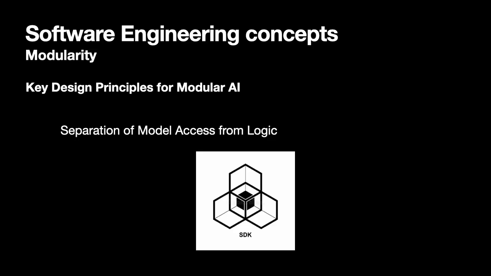Separation of model access from logic. Keep provider-specific code isolated. For example, keep OpenAI, Anthropic and Hugging Face inside isolated connector modules. So, core business logic should interact with a generic interface, making provider shifts a single-line configuration change.